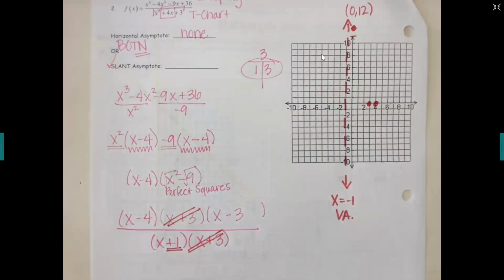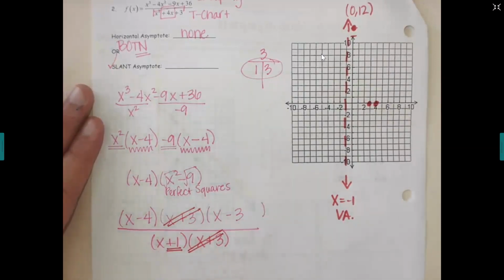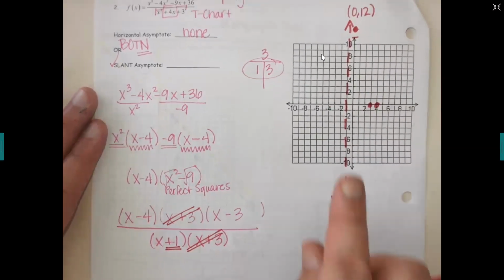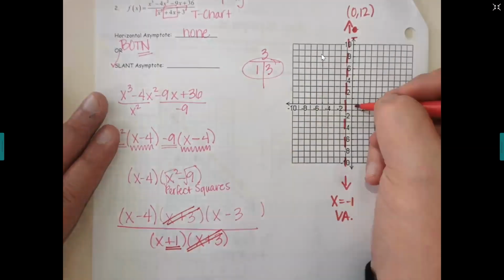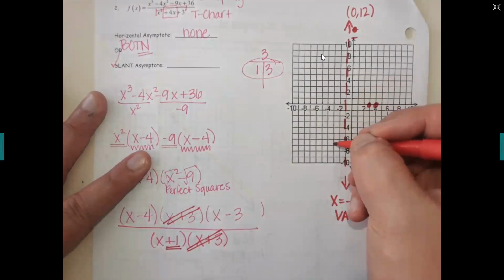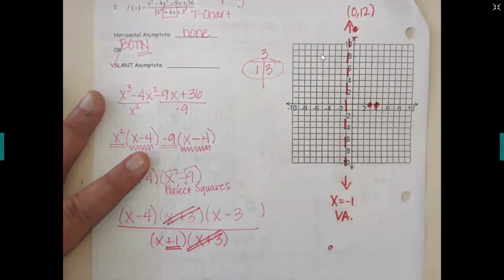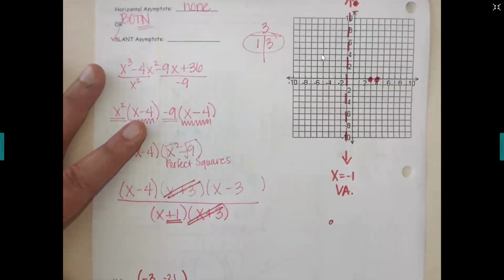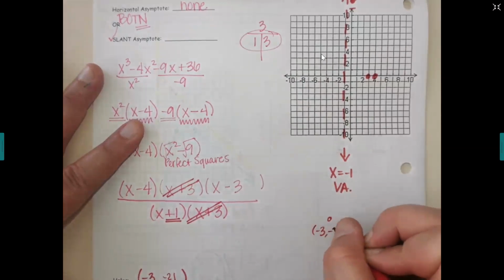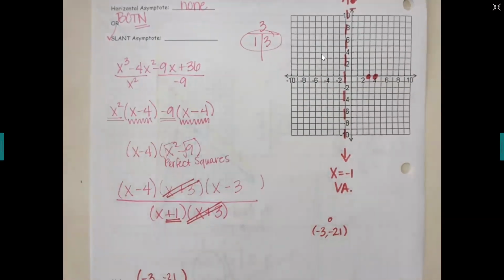So when you graph that point, you want to do an open circle there. And we're going to just estimate where that is since it would be way off the graph. So -3, you have your (0, 12) right here, would be 1, 2, 3, and then we'll say down like 20 would make it down. Okay.